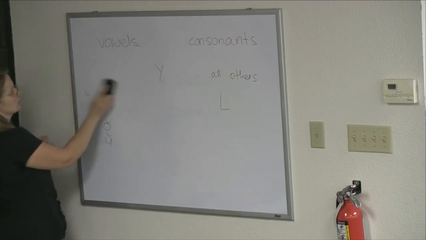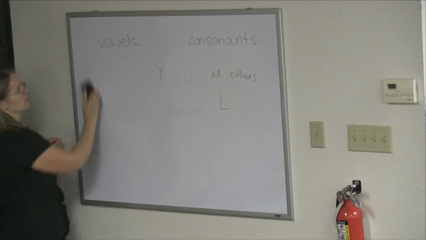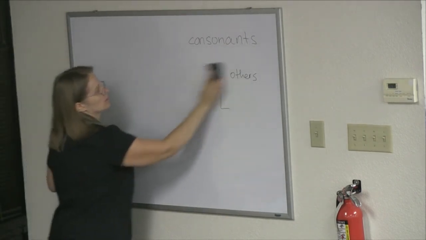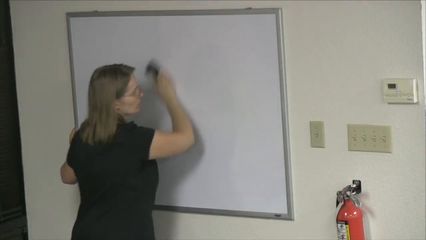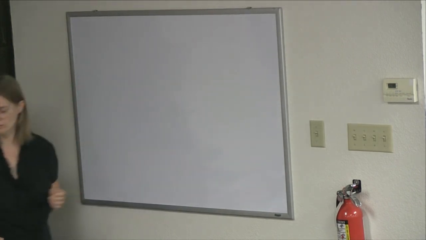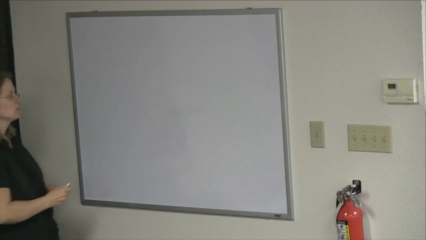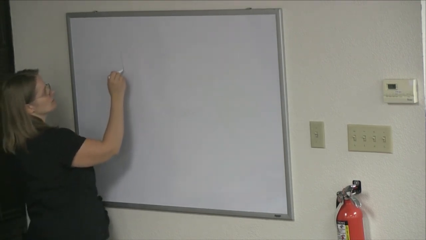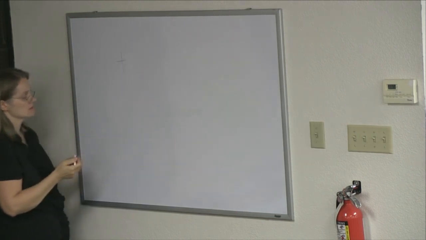The consonants you can introduce one at a time. Typically, a lot of kids that have already learned the alphabet will know more than just one consonant sound, but I found the easiest is to introduce one consonant sound at a time. An easy one to start with is T. It's a recognizable one. Kids like it. It looks nice.